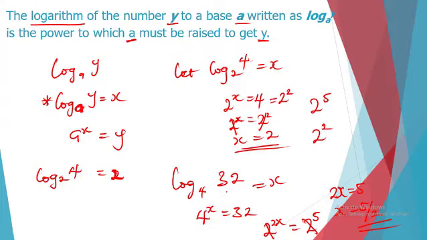Do we understand now? So if we have, let's say, log 16 base 0.25, what do we do? Let this be equal to x. If this is equal to x, it means that 0.25 raised to power x is equal to 16.